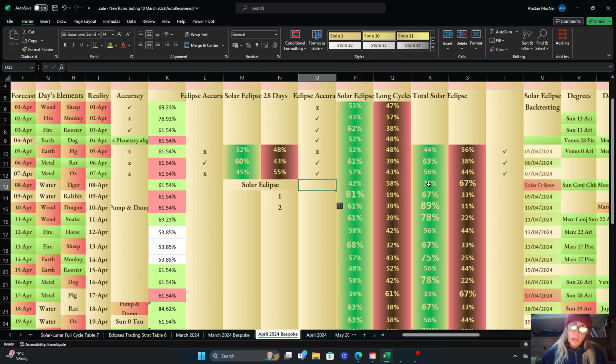So that is why, because here the total solar eclipse is isolating a small amount of data, the figures are more extreme. So it all makes perfect sense, and for that reason here I'm including the predictions, for example, that say 53%, 52%.